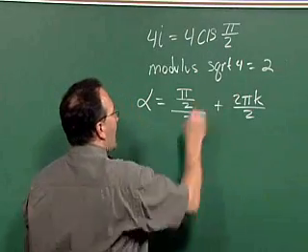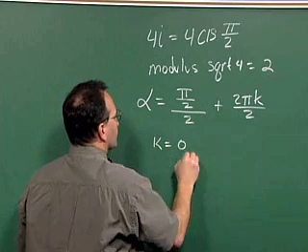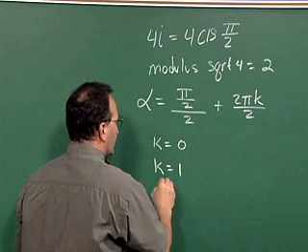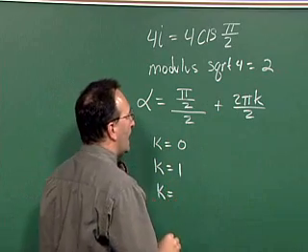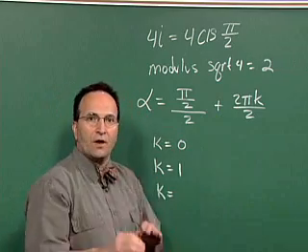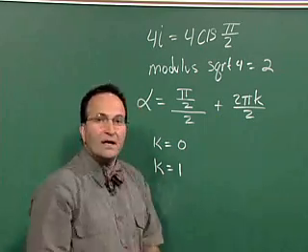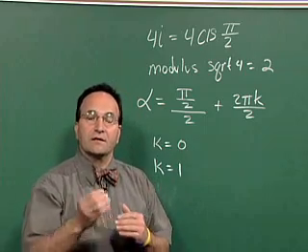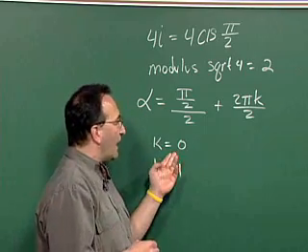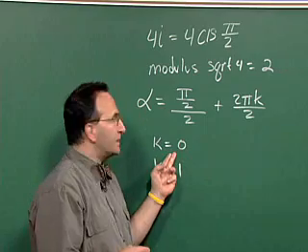And we have k equaling 0 and k equaling 1, just k equaling 1. Getting ahead of myself. So now we have to figure out what alpha is equal to for k equals 0.